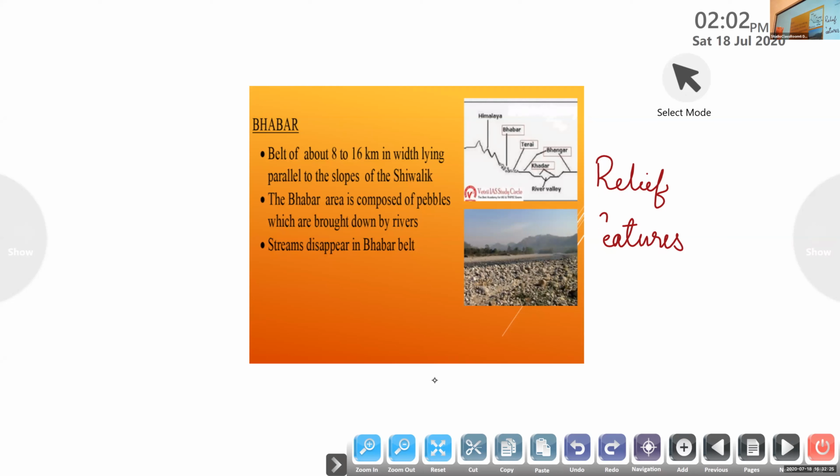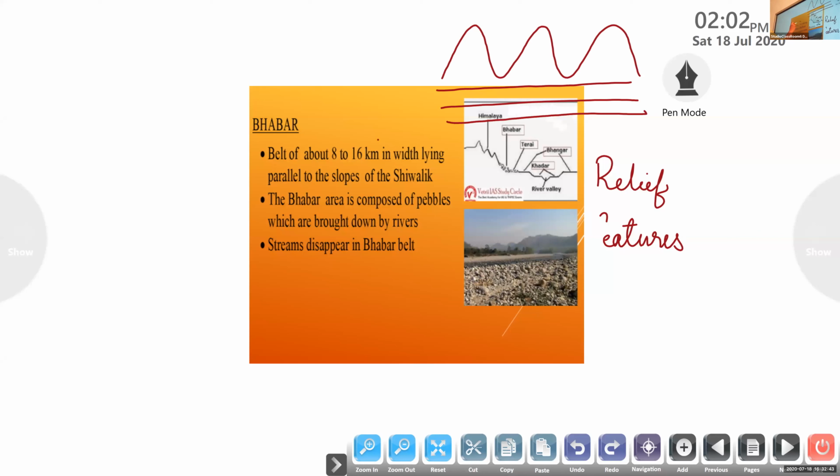Babar is a belt of about 8 to 16 kilometers in width, lying parallel to the slopes of Shivalik. Just imagine this is the Shivalik mountain. Parallel to it, we have a narrow belt. It is called Babar. Is it clear?